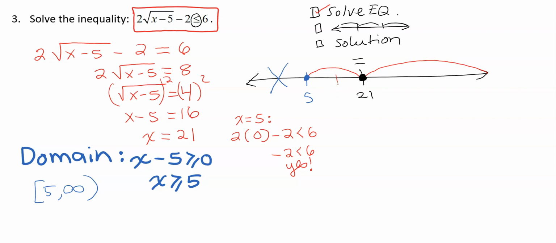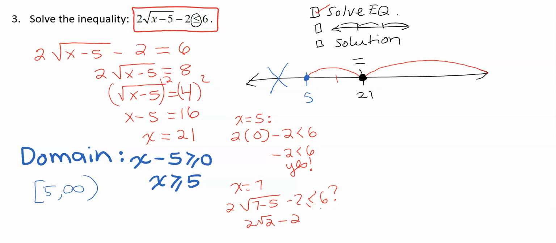And then pick a number right here if you like. Just say 7. x equals 7. You will have 2 times square root of 7 minus 5, minus 2. Is it less than or equal to 6? Well, this is 2 square root of 2 minus 2, right?